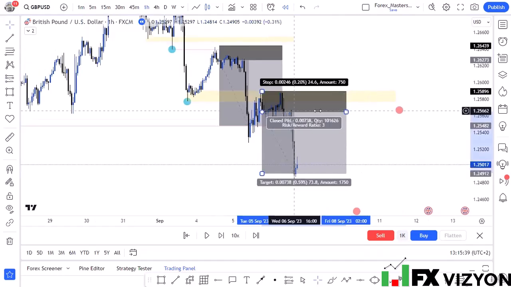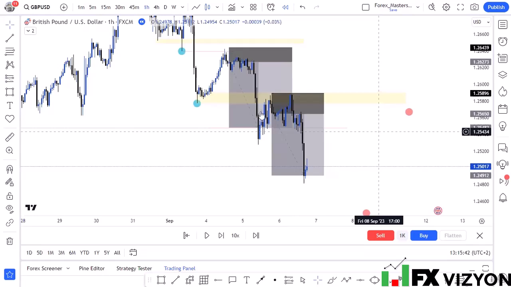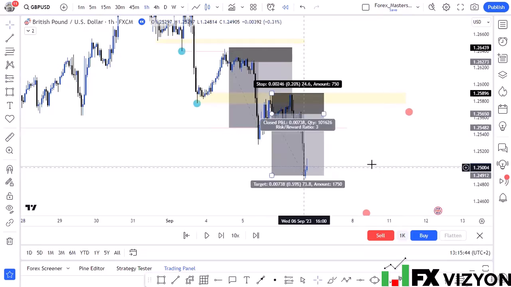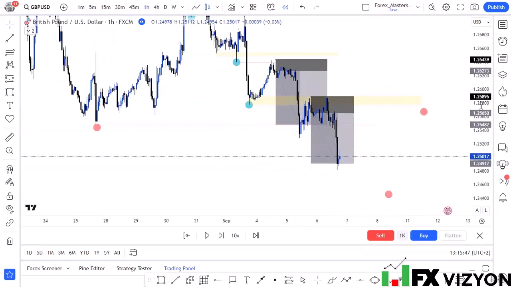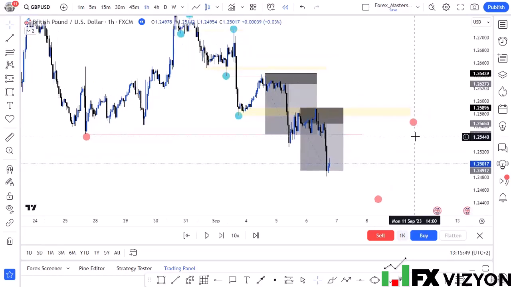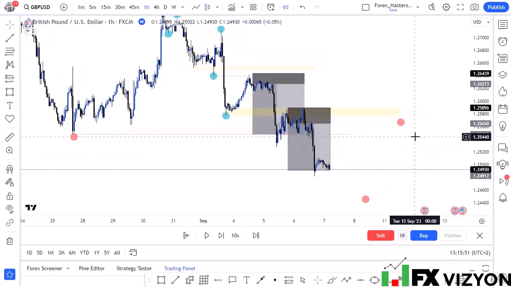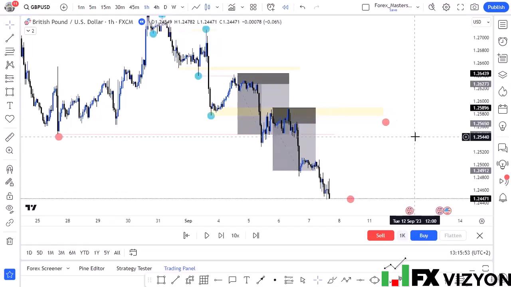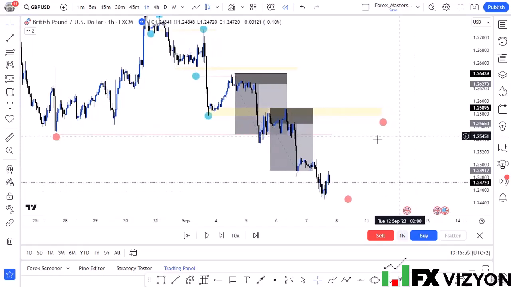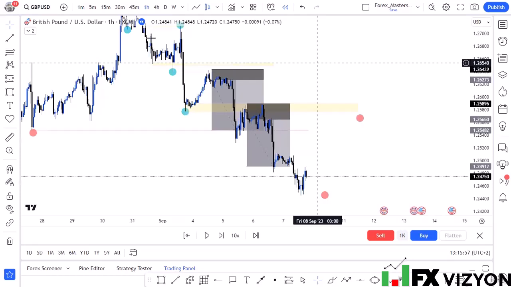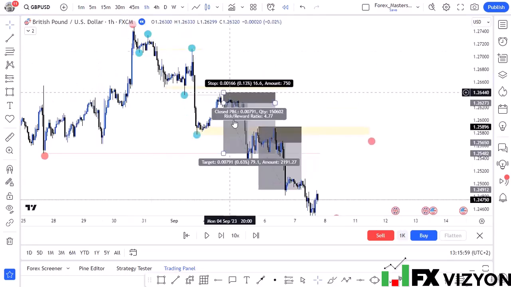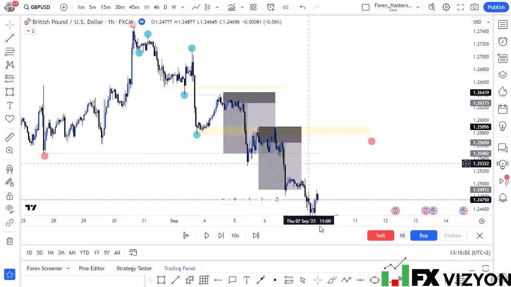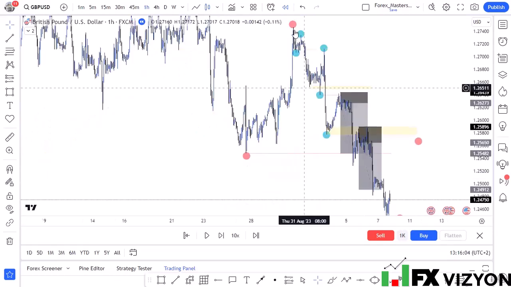So I'll also take this one as a trade. Now, this is part of internal structure until the market goes to hit our new low. Once we get here, all of this, lower low, lower high, lower low, lower high, lower low, is part of this move from that high all the way to this low.